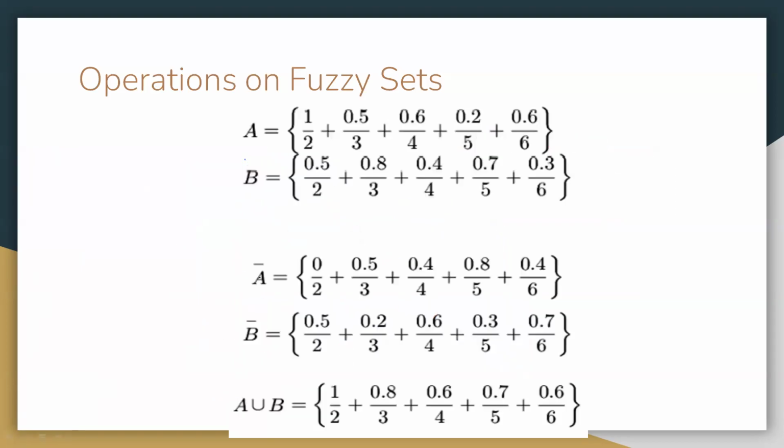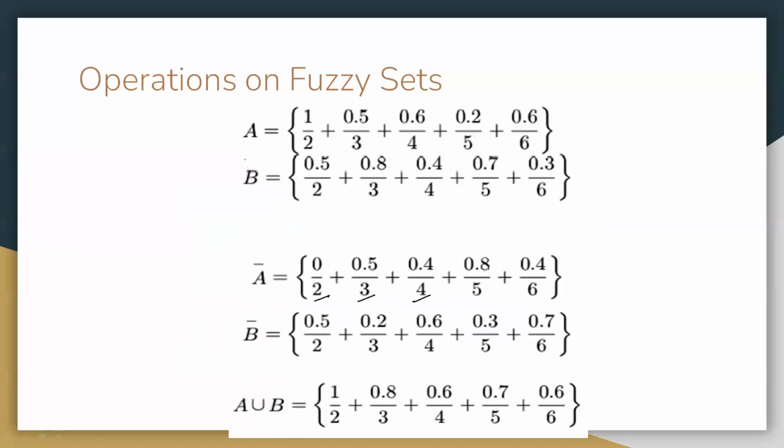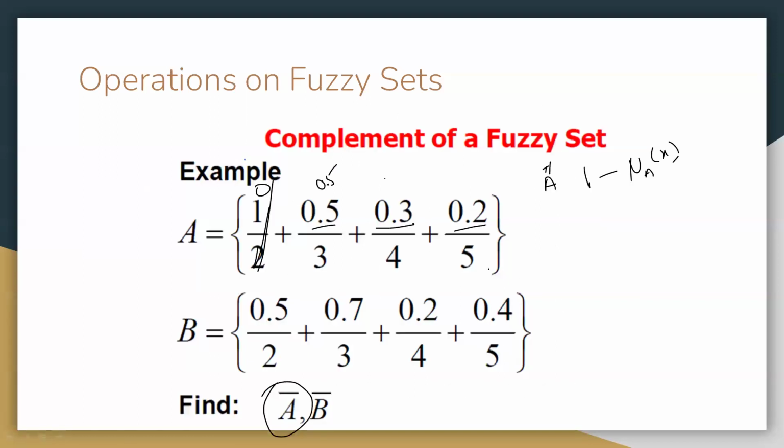I'll show you the output of this. See, like this. It will be 0 by 2, 0.5 by 3, 0.4 by 4. Then I think this is for another example, but it is somewhat similar. So 1 minus 0.7 will be 0.7, then this will be 0.8 and so on. Similarly for B also you can find the complement yourself.